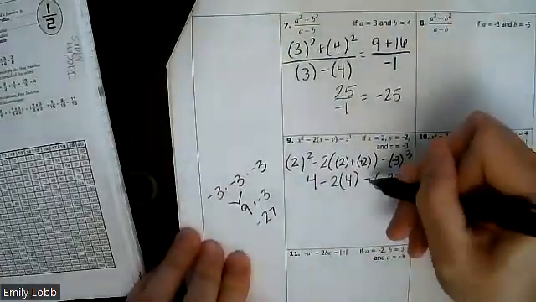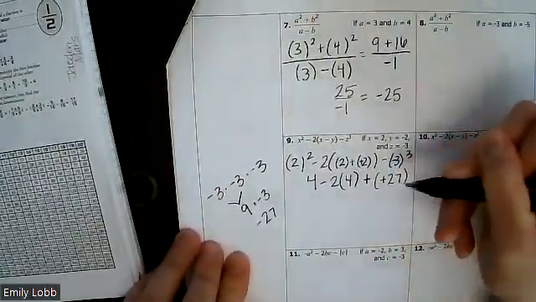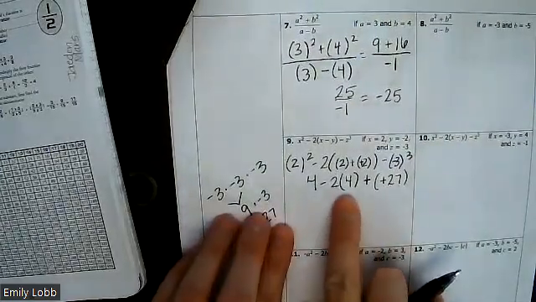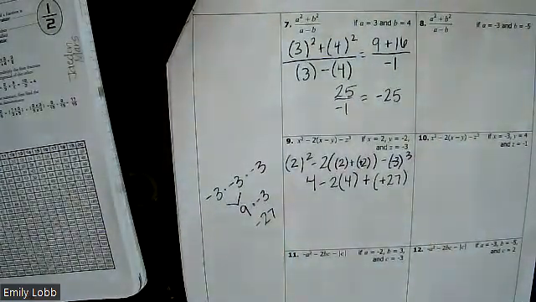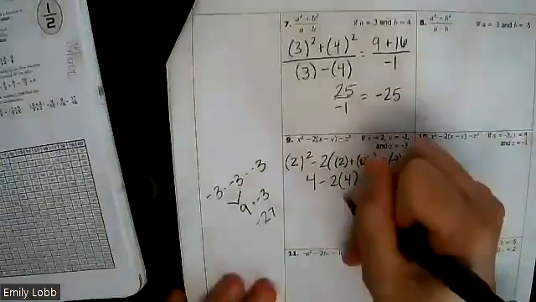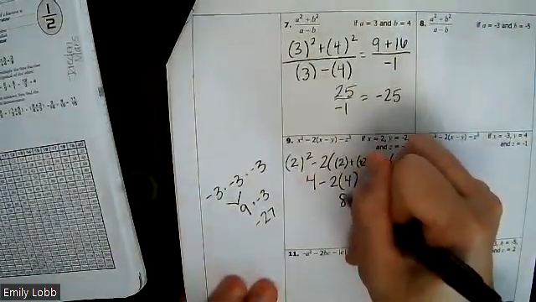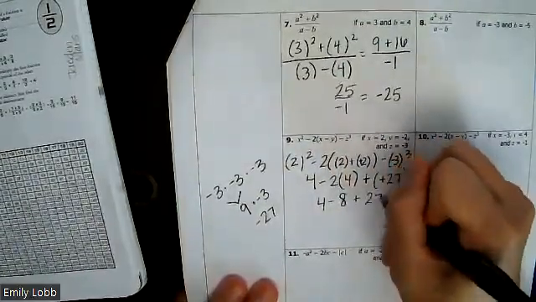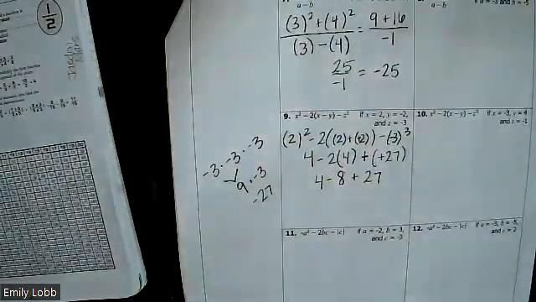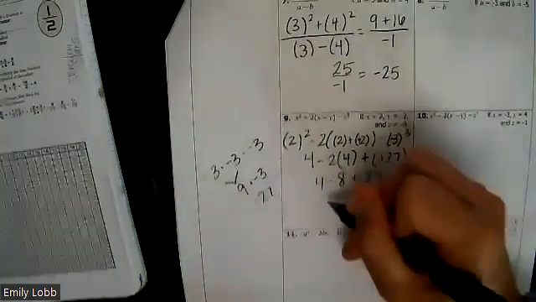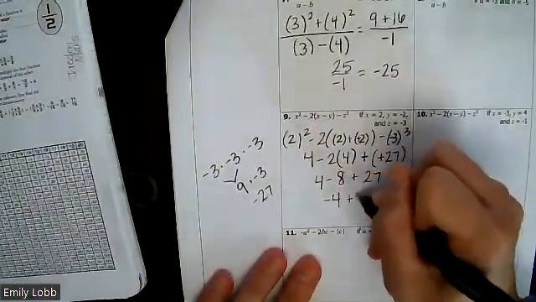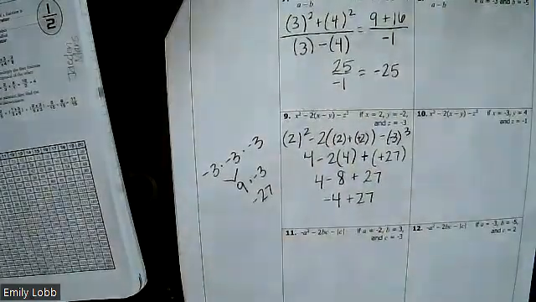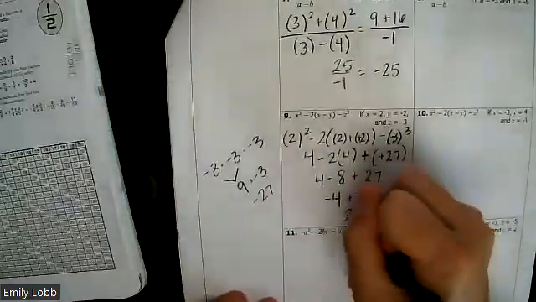So I have to keep, change here. I have to do my multiplication before I can add and subtract from left to right. So what's 2 times 4? 8. 4 minus 8 plus 27. Well, what's 4 minus 8? Negative 4, right? Plus 27. The difference is 23.